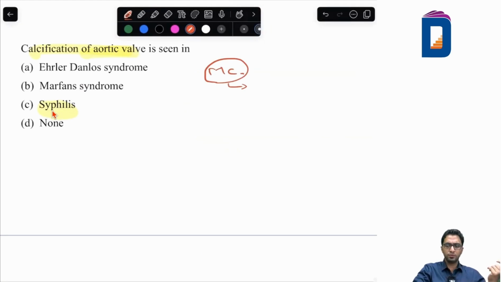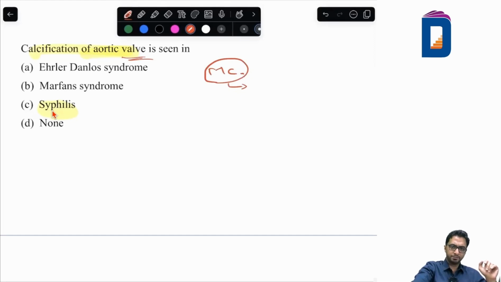But then something will confuse you: calcification of the aortic valve. They'll say it's a sex worker or something like that because it's a sexually transmitted disease. So basically, the most common is always important. They can ask you questions on the terms 'most common'. How do you learn it? Revision. Okay, so calcification of the aortic valve is seen in syphilis.